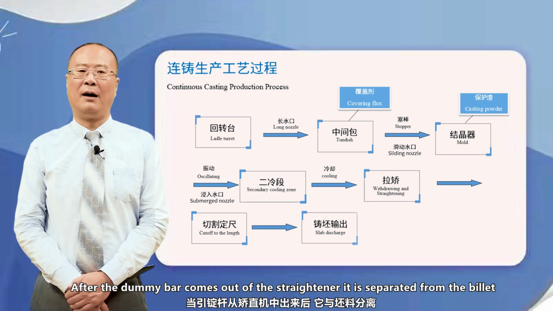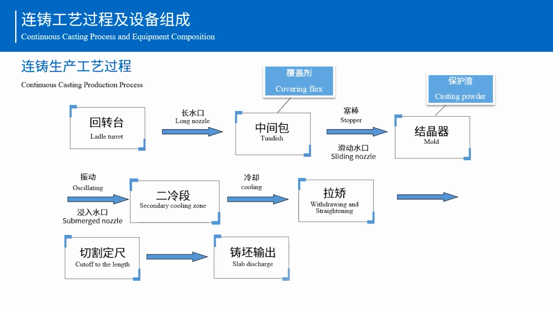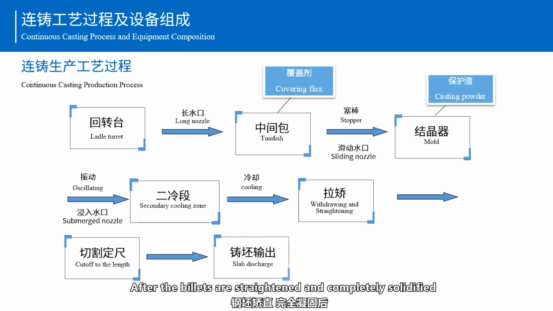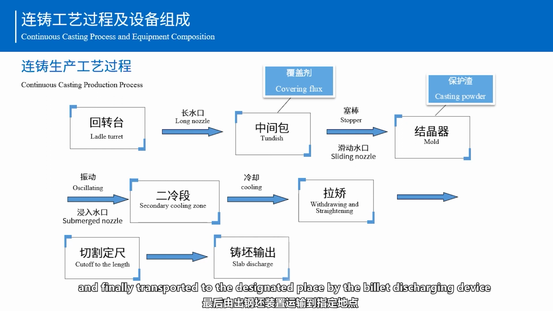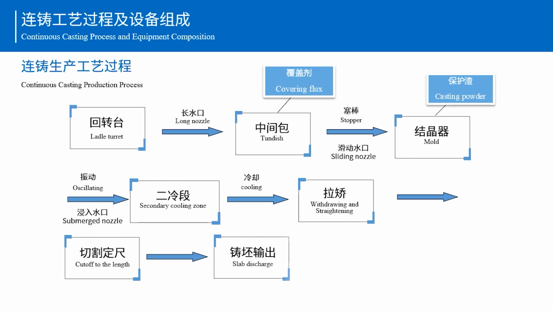After the dummy bar comes out of the straightener, it is separated from the billet. After the billets are straightened and completely solidified, they are cut into billets of fixed length by the cutting device, and finally transported to the designated place by the billet discharging device.